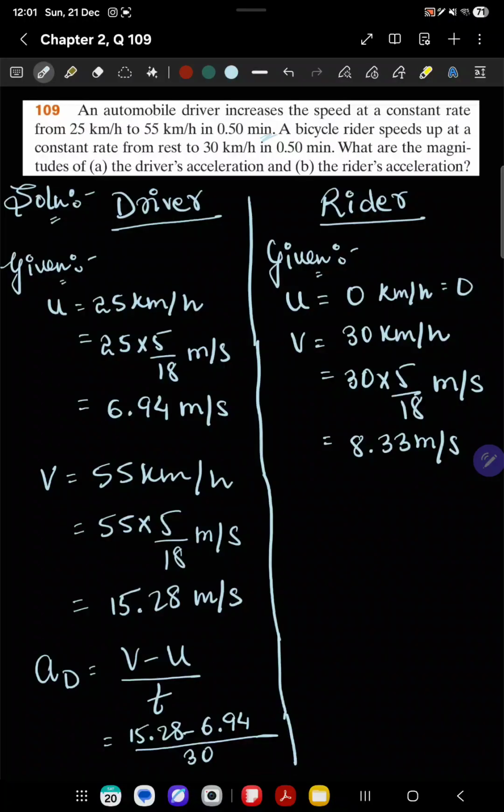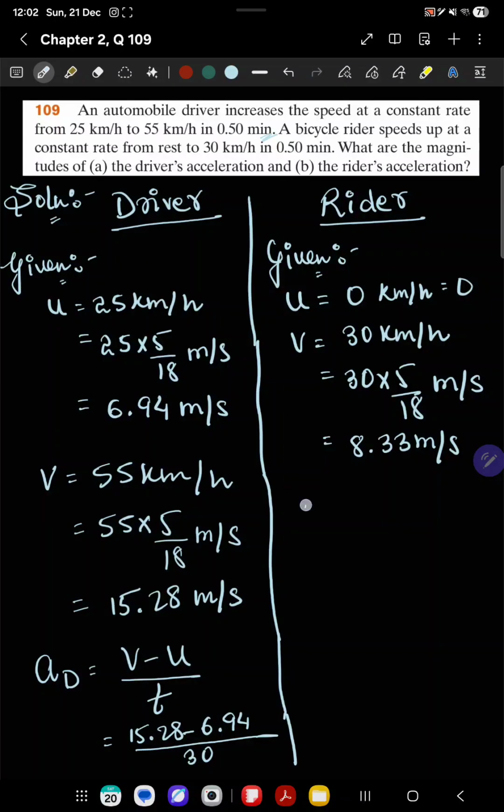Similarly, if we have to write acceleration for the rider, we know for the rider it's saying its speed has been increased from rest to 30 km per hour in 0.50 minute. Again it's equal to 30 seconds.